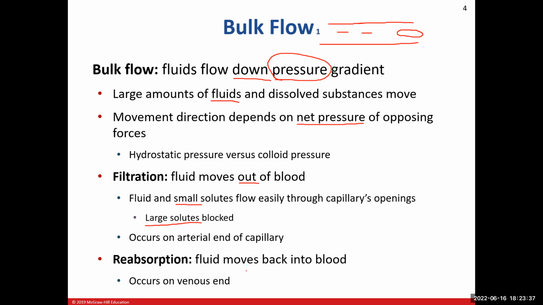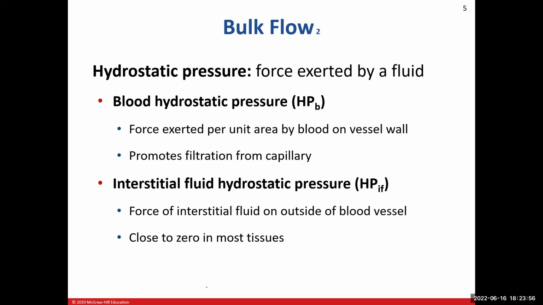And that's when the fluid, say out in your tissues, is going to try to move back into the blood. Okay, so filtration is going to move stuff out of the blood. Resorption is going to move stuff into the blood. Right? So filtration at the arterial end and resorption at our venous end. All right, so let's talk about hydrostatic pressure.